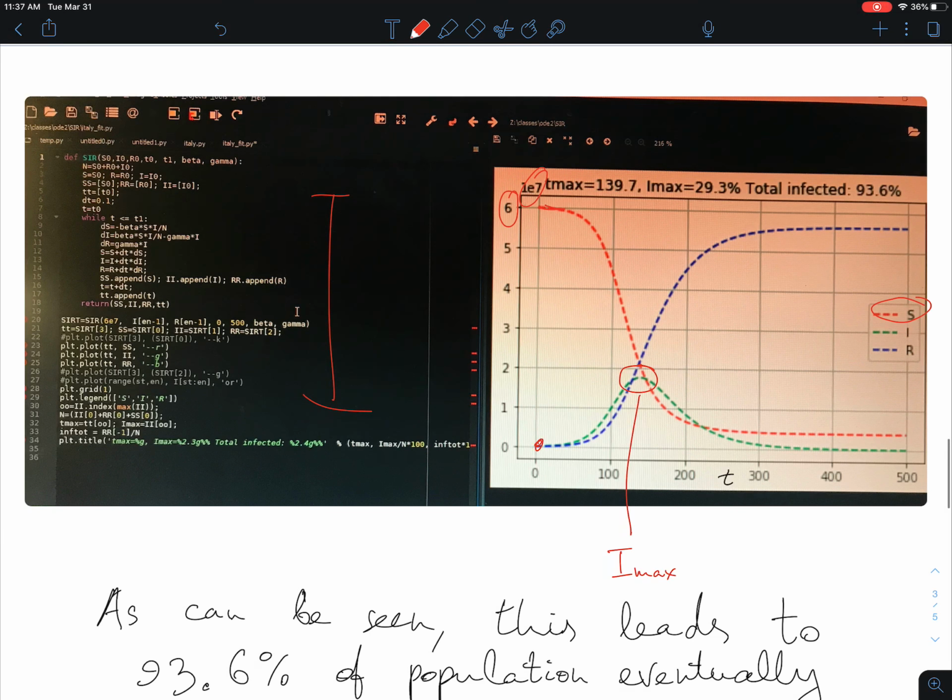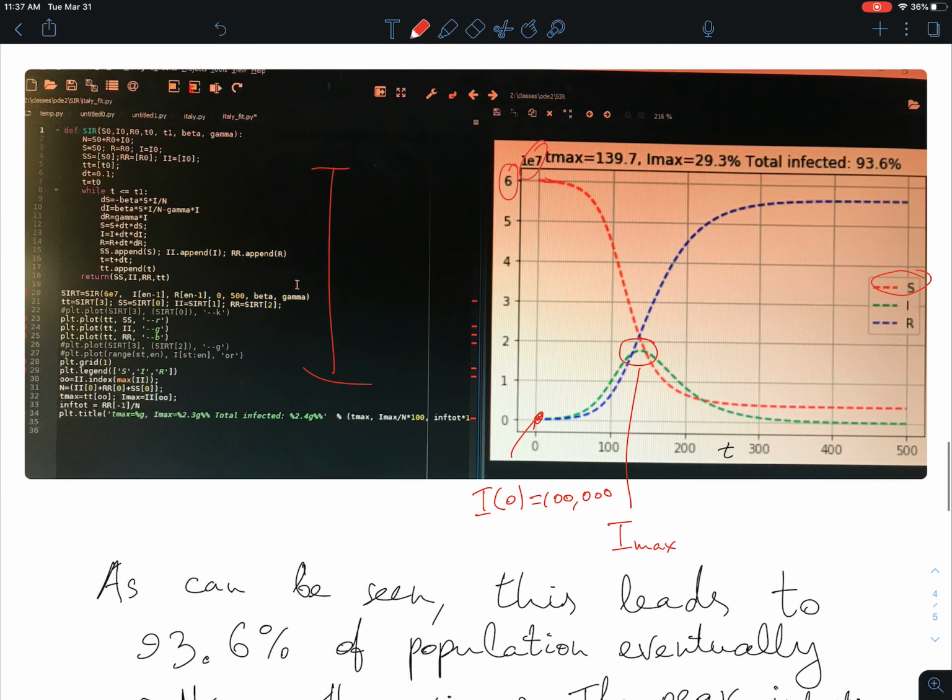Here, the initial condition is I of 0 equal to 100,000, which is roughly the infection level at the end of March. Of course, compared to 60 million, that's just a tiny fraction. Using these parameters, we run the simulation forward.